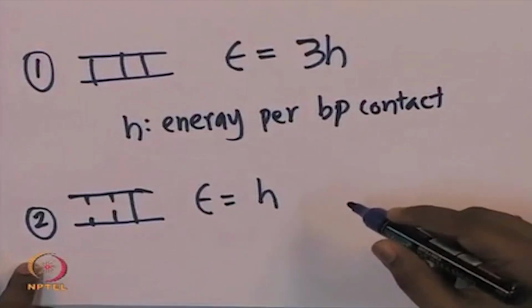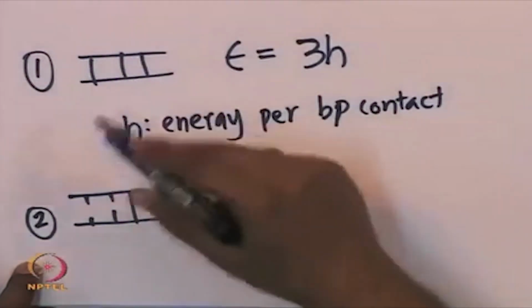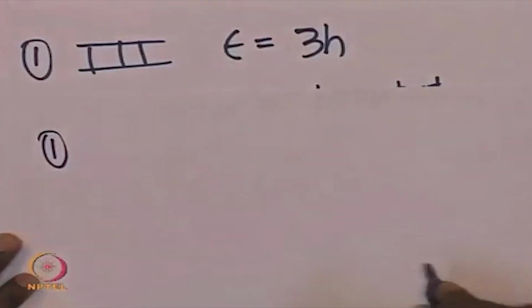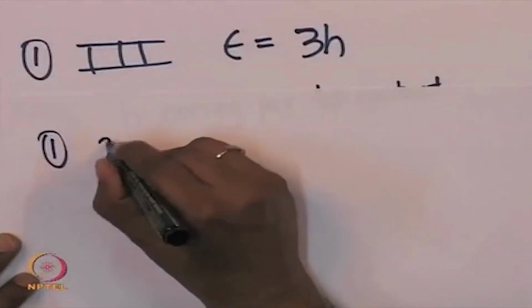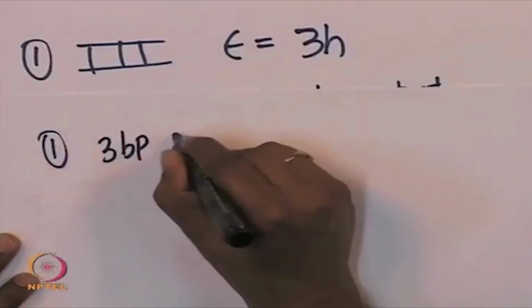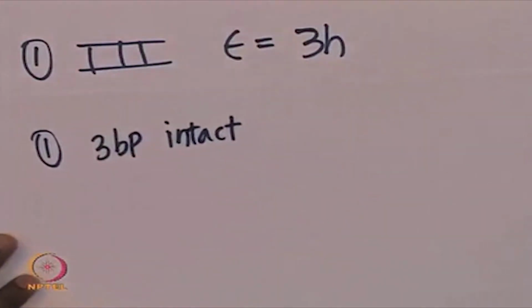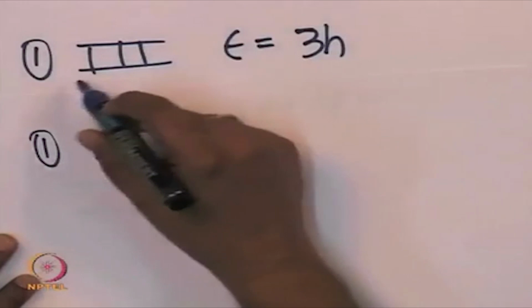So, what is entropy for this case? Let us think about it. Entropy for case 1, 3 base pairs intact. How many states are possible when the 3 base pairs are intact?